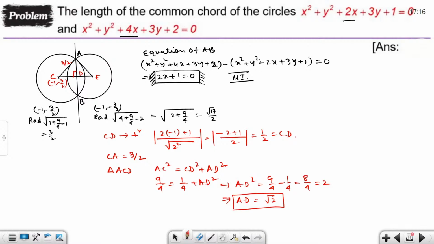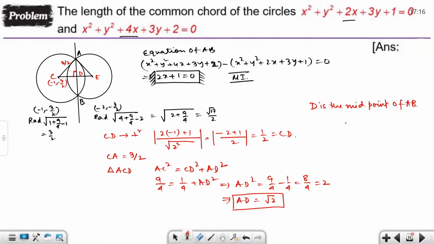Now as AB is the chord of the given circle and C is the center and CD is perpendicular to AB, so it is definitely going to bisect the chord. That is, D is basically the midpoint of AB.